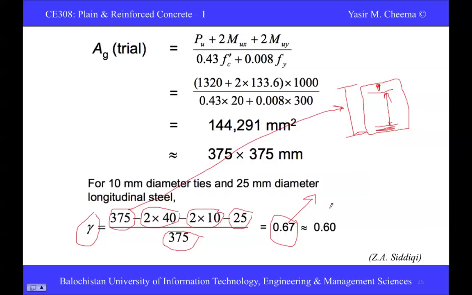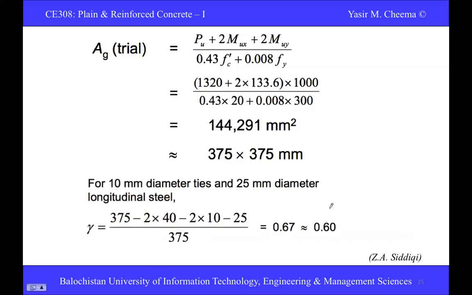Let's say we have different graphs available, that is 0.6, 0.75, 0.9. I think we have these three available in this book. So we have to choose this gamma value in accordance with the available graphs.